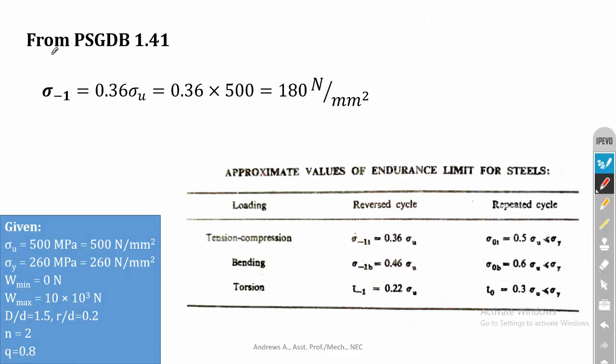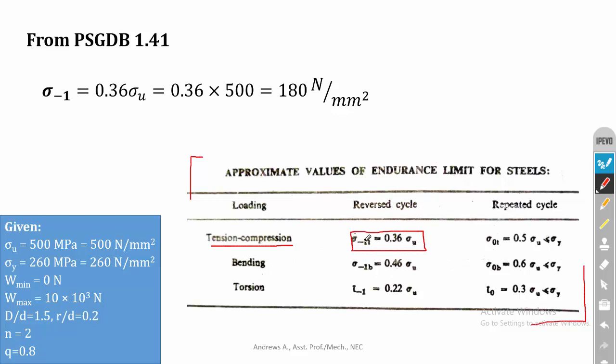The next one is endurance limit stress. Okay. So if in the problem the endurance limit stress is not directly given, then you can refer the formula from PSG data book page number 1.41. So this is actually the table from PSG data book 1.41. Okay. So here you can see the endurance limit for tension and compression is 0.36 sigma u.